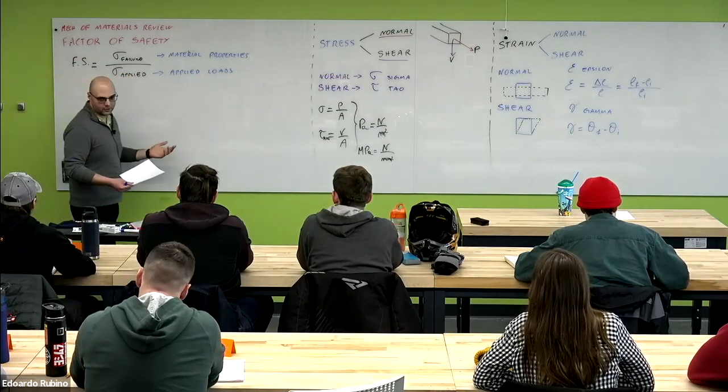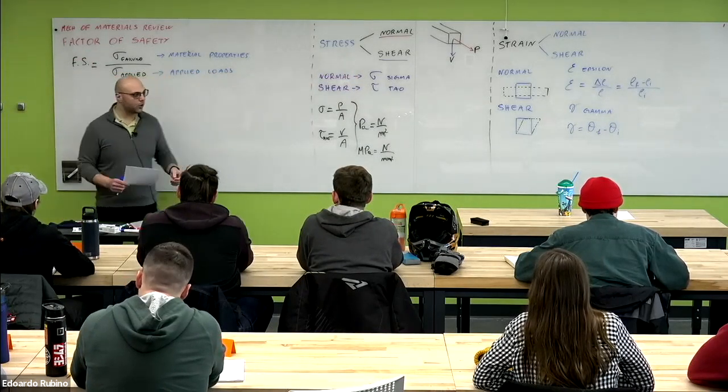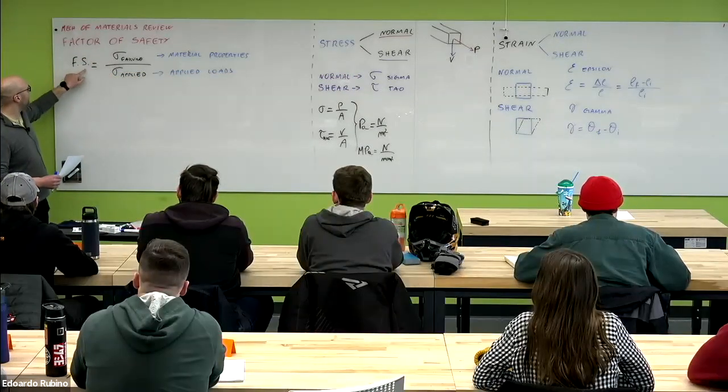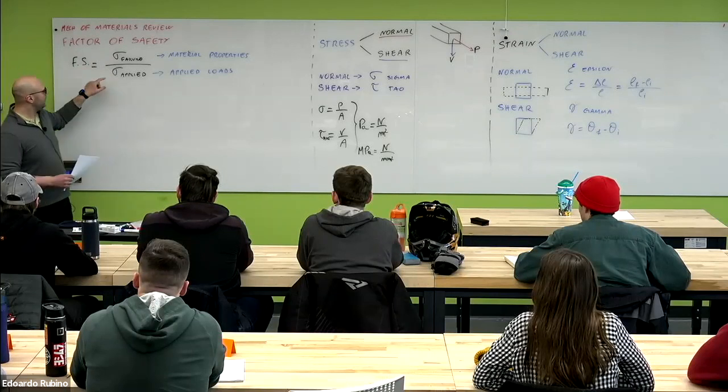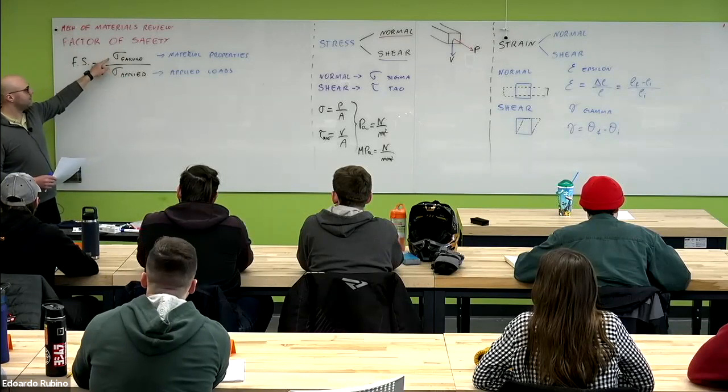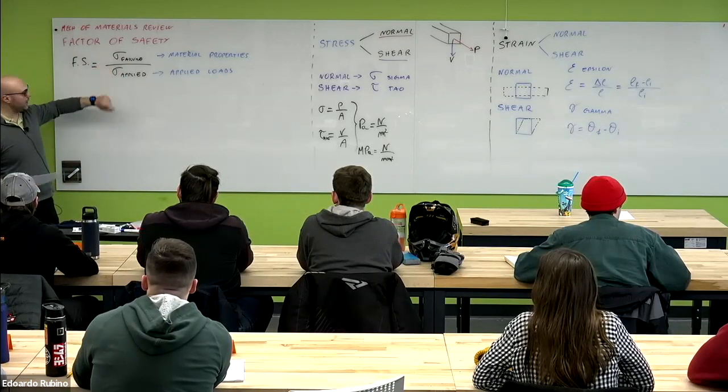So one question that we can have at this point is that this ratio, this number, increases if we reduce the applied load, or if we increase the sigma failure, depending on what type of material we have.